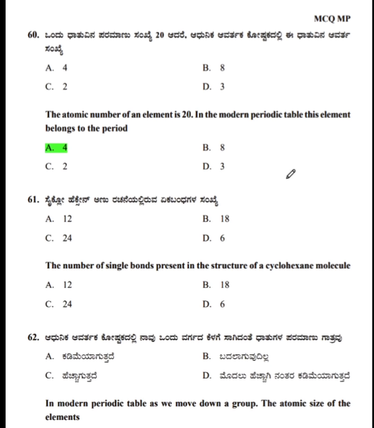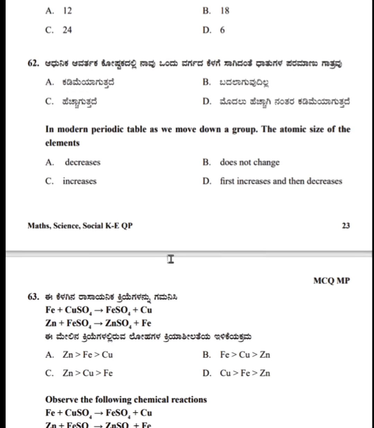Students, now I'll write the structure for cyclohexane, that is 6 carbon atoms with single bonds between them, and the number of hydrogen bonds will be as shown. Each carbon will have 2 hydrogen bonds. If you observe, the number of single bonds is 18.